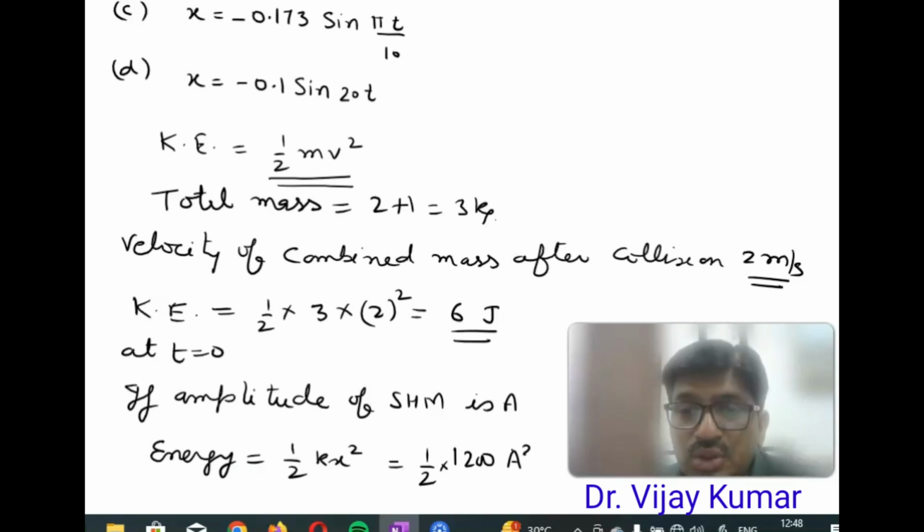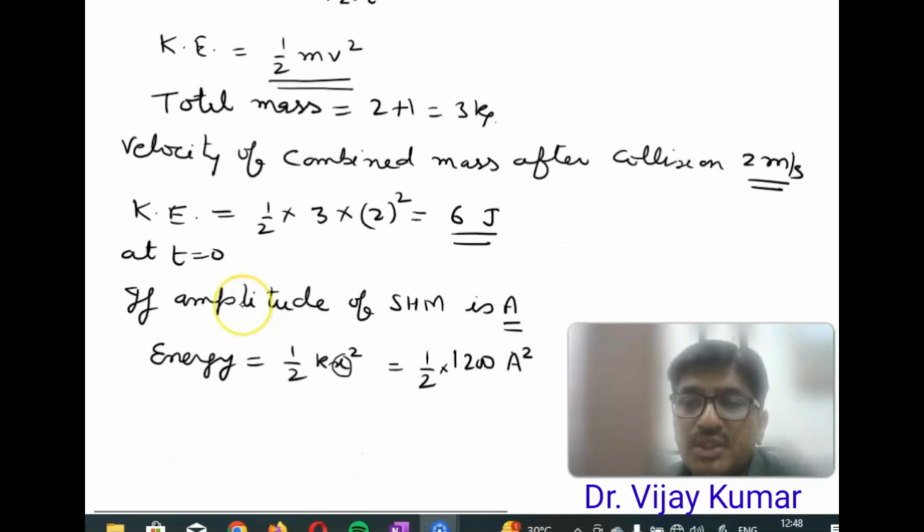The maximum value of x should be the amplitude, so energy becomes half into 1200 into A square, which is 600 A square.